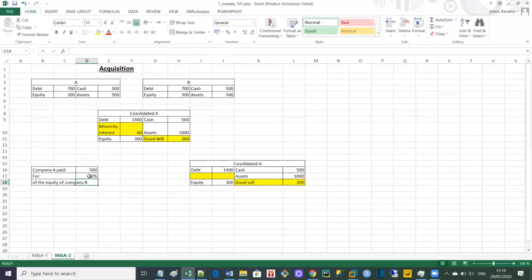The accounting rules are that you do not do a consolidated financial statement unless company A has substantial influence on company B. An automatic rule is that company A has substantial influence if it purchases above 50% of the stock of company B. So as long as company A buys more than 50% of the shares, it has to prepare consolidated financial statements.